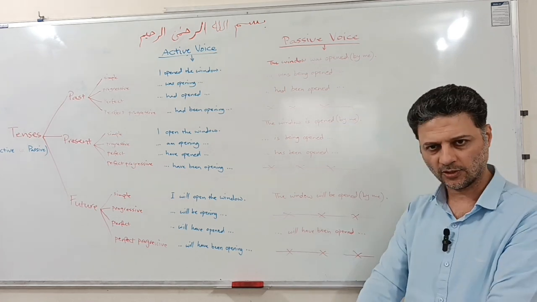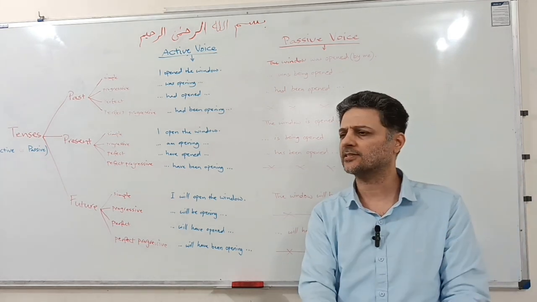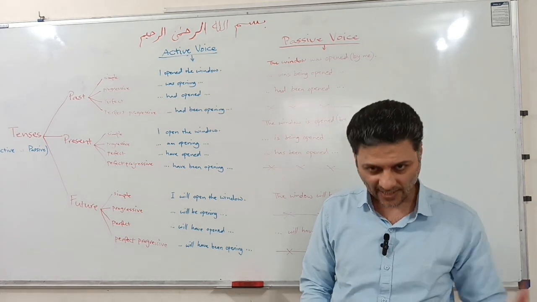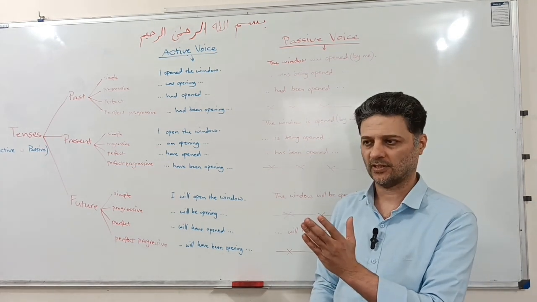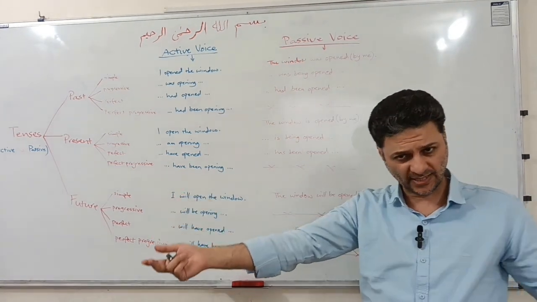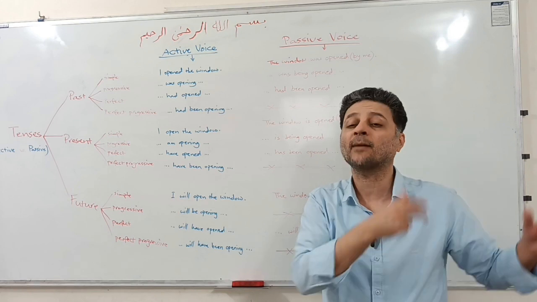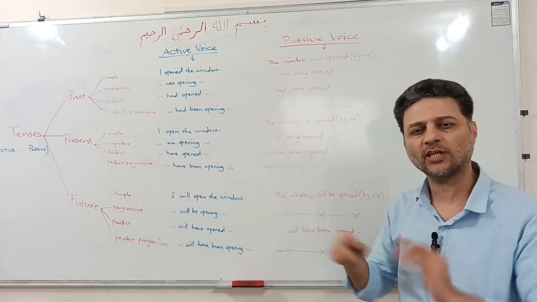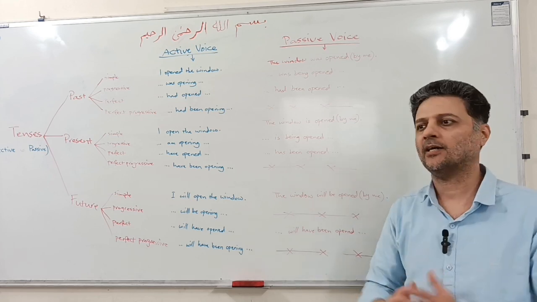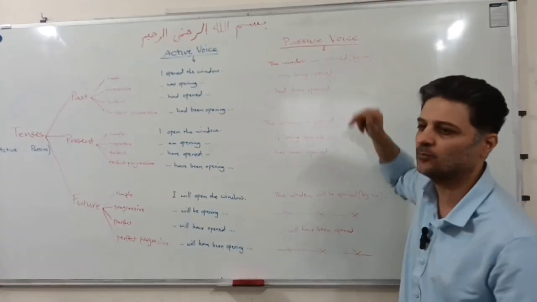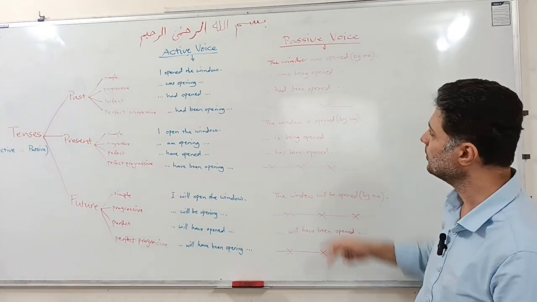Either the subject is unknown or we are not interested in the subject anymore, so we don't want to use the subject as the starter of the structure. So we use passive voices. Of course, there are other reasons why we use passive voices and prefer them to active voices in English, right? That's another story I don't want to get into. Just as an introduction, I wanted to say why we use passive voices in the first place. And now, let's see the structure.